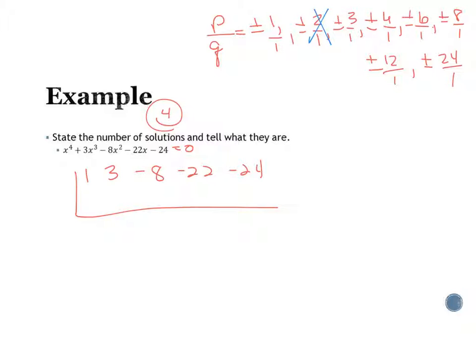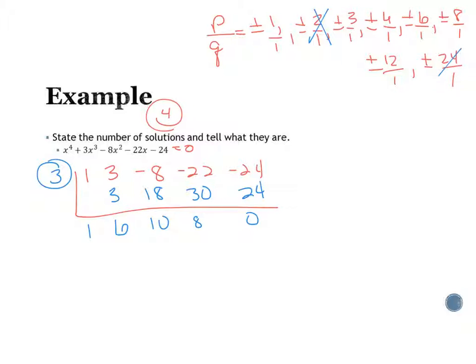Well, let's give 3 a try. So if I put in 3, I'm going to drop, multiply, add, multiply, add, multiply, add, multiply, add. Oh, good. There we go. Alright, so 3 worked. And so remember, now you can use this set of just 4 coefficients instead of all 5. And we can get rid of everything that's not a factor of 8.